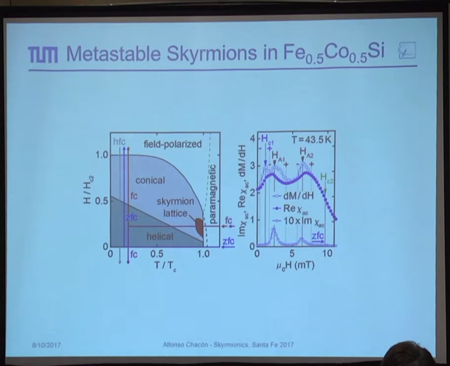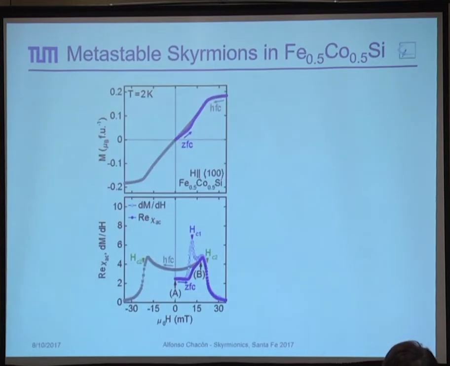We understand this as the movement of large structures, of large phases, the reorientation of those leads to this discrepancy in those two signals, and the fact that those two signals probe different time scales in the system. And at the transition between the conical and the skyrmion lattice, you observe as well, again, the discrepancy in those two signatures, as well as a dissipative signature in the imaginary part.